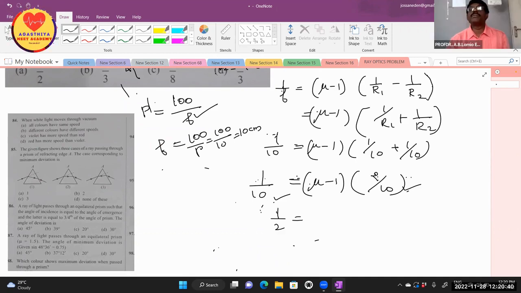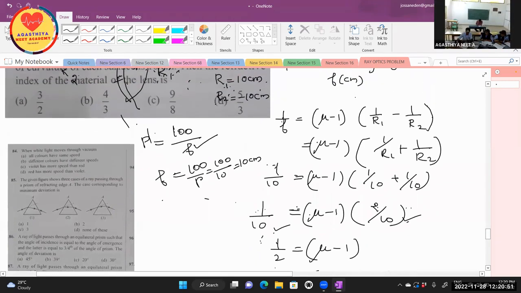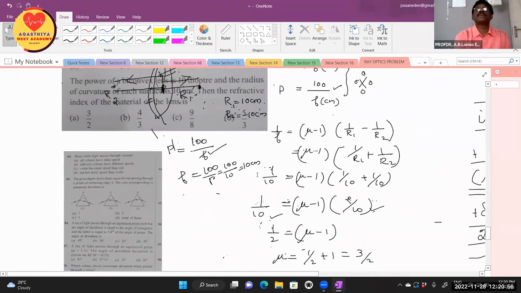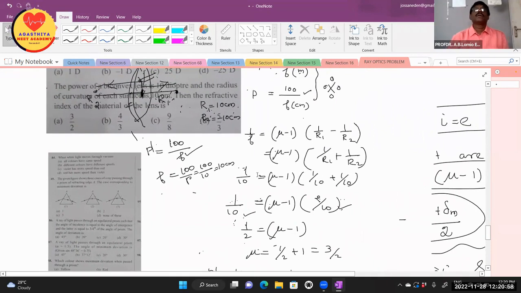One by 2 is equal to mu minus 1. Therefore, mu is equal to 1 by 2 plus 1, which is 3 by 2. That's all. The answer is A.